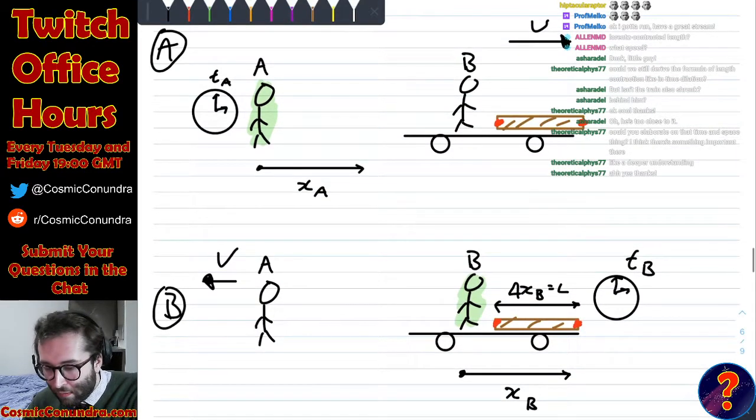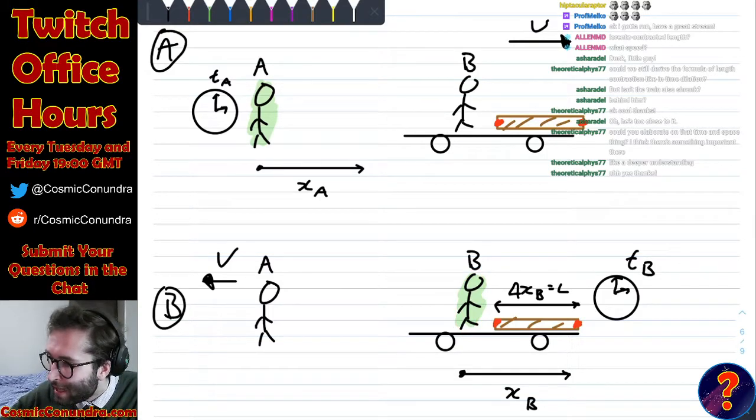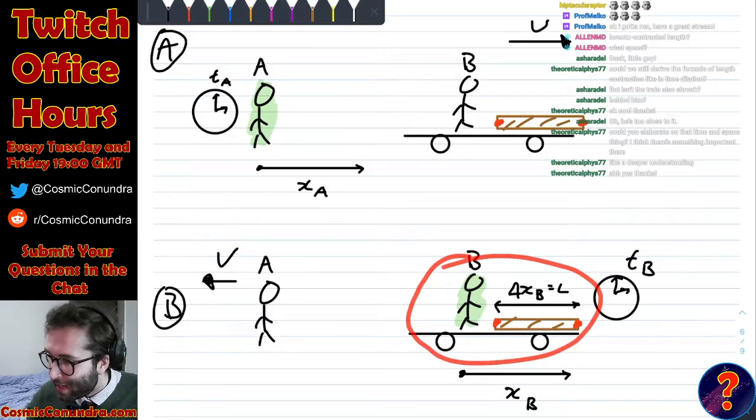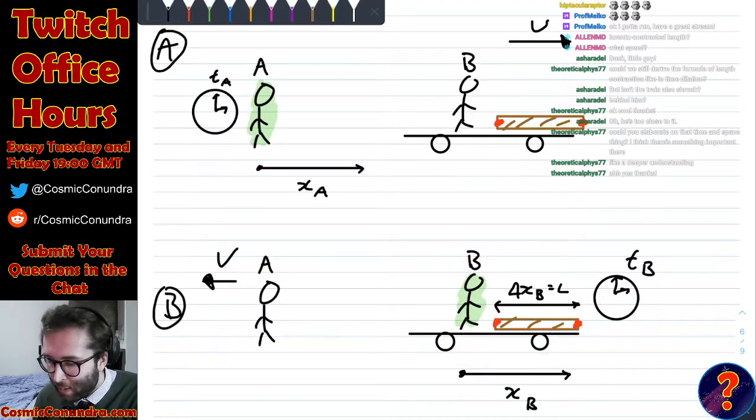Alternatively, from person B's perspective, the person sat on the train, they see this log as stationary, and they measure the two ends of the log simultaneously. And rather than seeing person A as stationary, they are stood still, and it's person A that is whizzing away with a speed v.